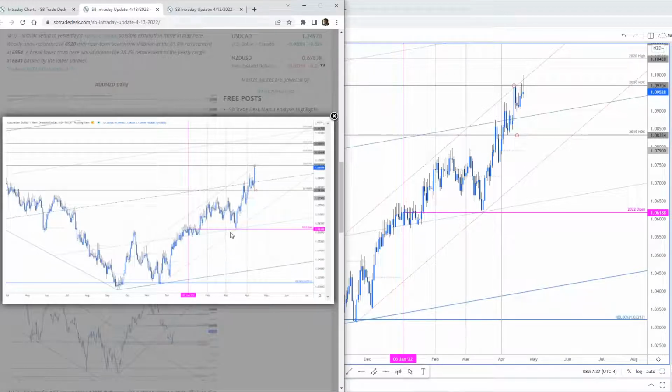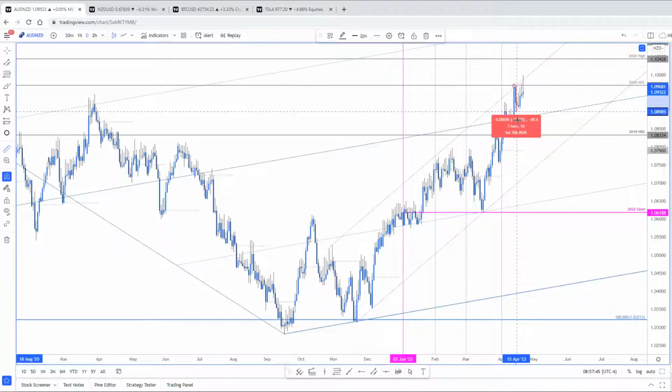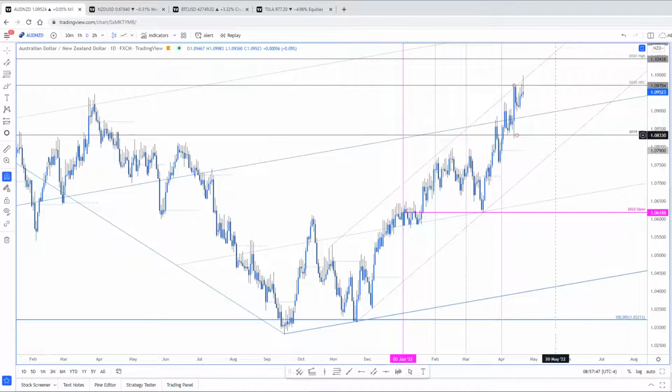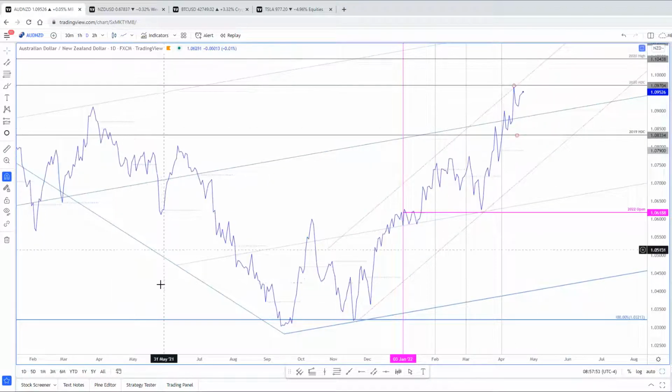So slope support, a parallel, gave us uptrend resistance. We were there right on that day. You saw a 0.6% pullback, ripped higher again. No closes anywhere near that. And even today's pump fake failed. I mean, it got above 109.70, but we pulled back dramatically.